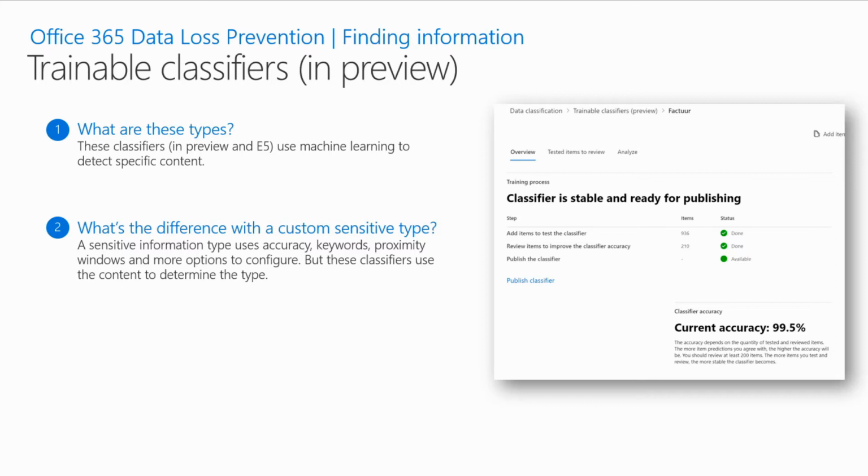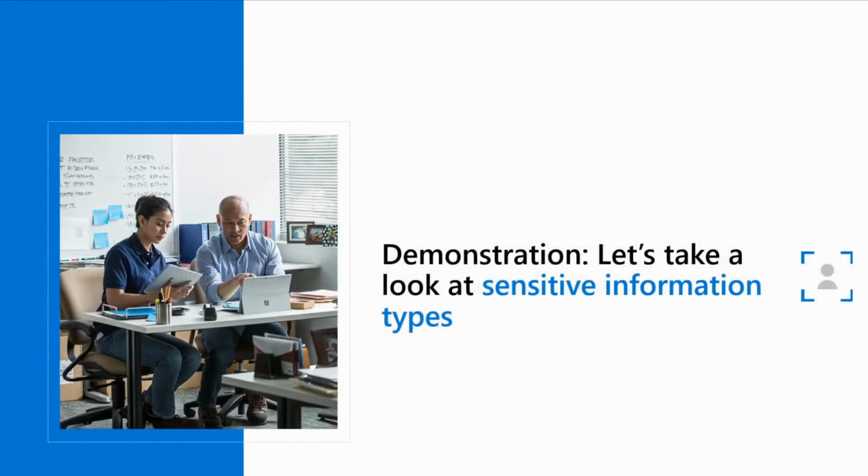The difference with a custom sensitive information type is that it is really complex to configure. It has more options. You need keywords, accuracy. You really need to figure out your type before you create it. By using the classifiers, you can basically use your content to detect the sensitive information type, and that really is a very, very cool thing to do.